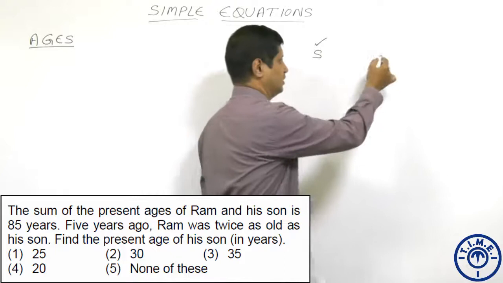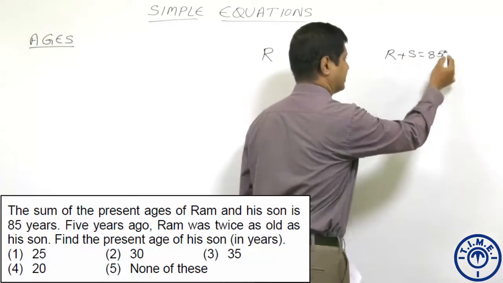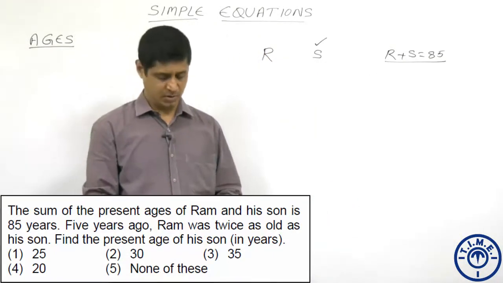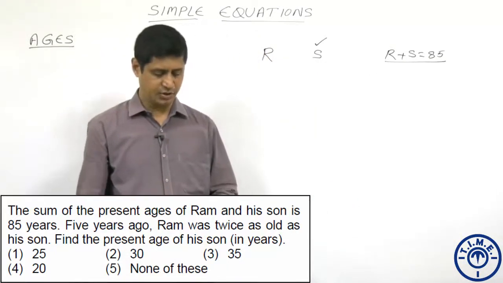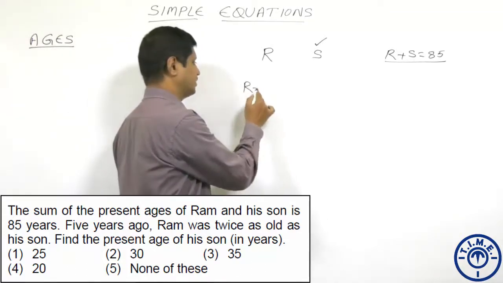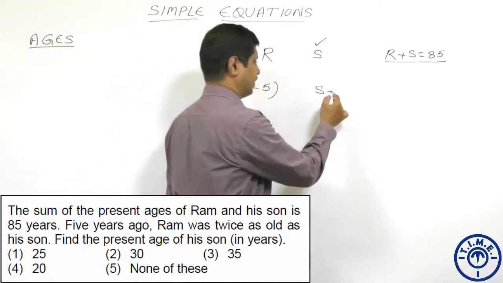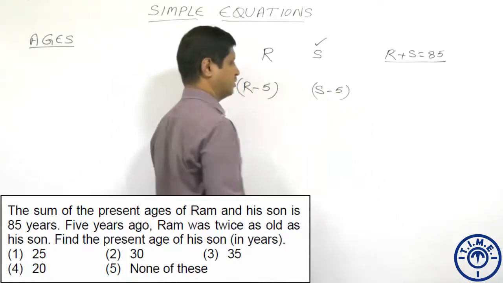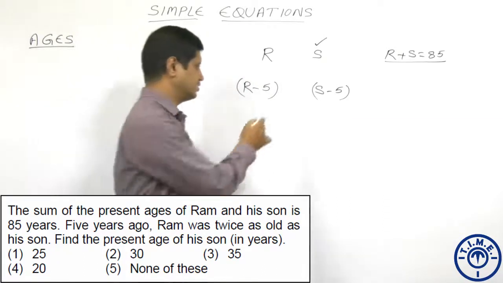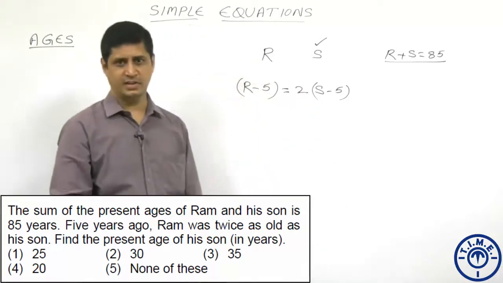The sum of these two means R plus S, which is given as 85. And what is the second condition? 5 years ago, Ram's age was R minus 5 and the son's age was S minus 5. Now, what is the relation here? Ram was 2 times his son's age.